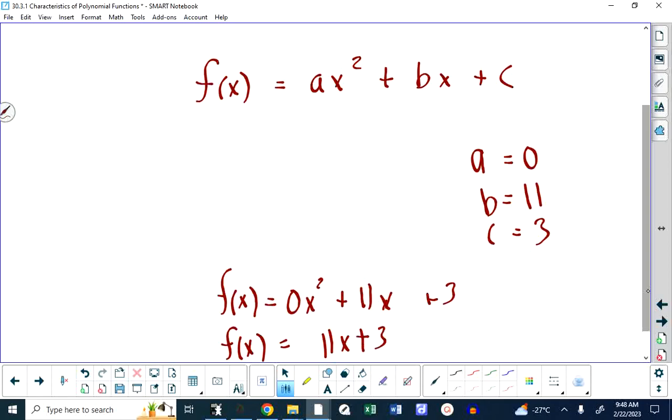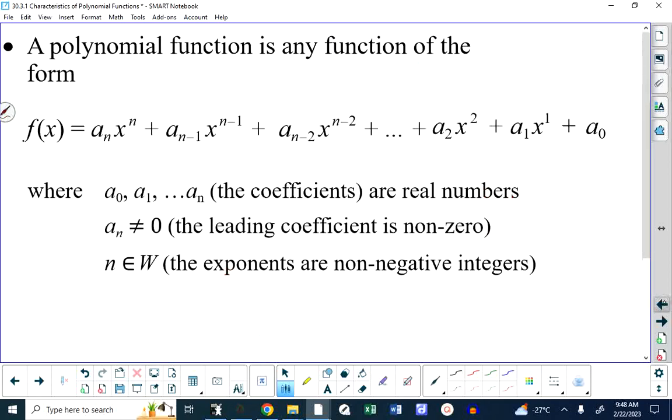By the way, a quadratic function is a polynomial function. A linear function is a polynomial function. And the final note to be made here is that the exponents are whole numbers. In a polynomial function, you cannot have decimals for exponents, and you cannot have fractions, and you cannot have square roots.